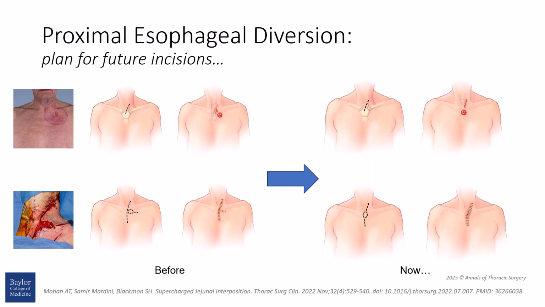To avoid this, we now perform proximal esophageal diversion in line with our future incision for supercharged pedicle jejunum reconstruction. By performing the diversion in line with our future incision, we then perform an elliptical resection of the terminal end esophagostomy, giving us a linear, well-healing, much healthier approach for the incision after the reconstruction is performed.